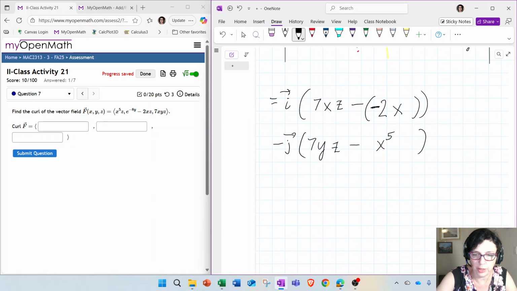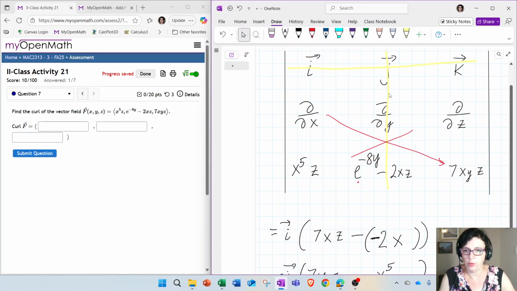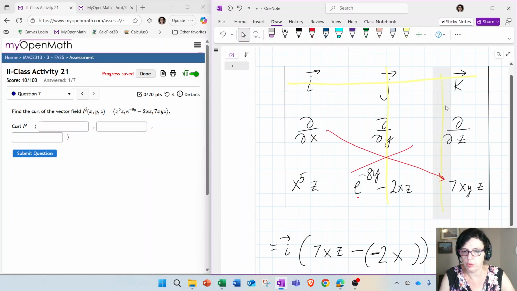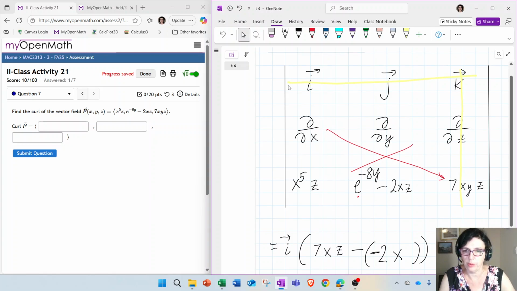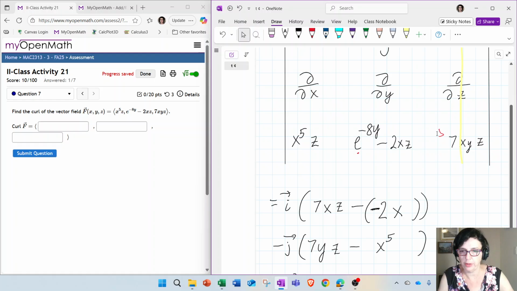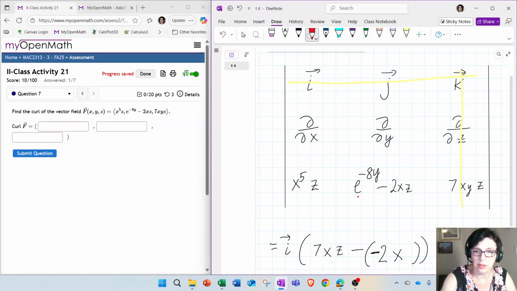Okay, finally, we're going to do the k component. Let me just quickly move this thing over here, because we're now crossing out the last column and the first row. And then let me delete these now so we don't have that busy stuff here. So now we're going to take the derivative with respect to x of this term first and then subtract the other ones.